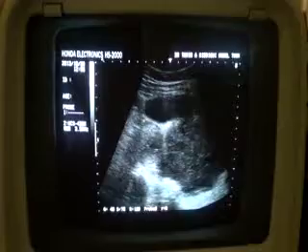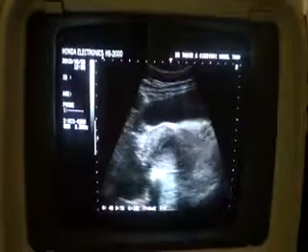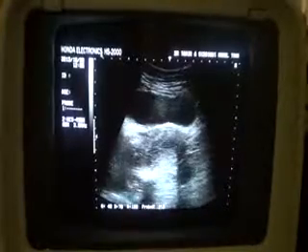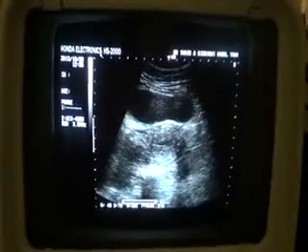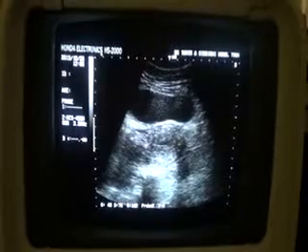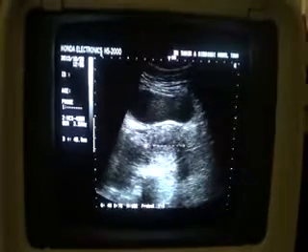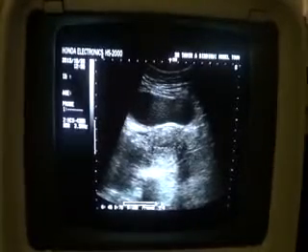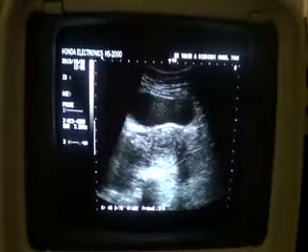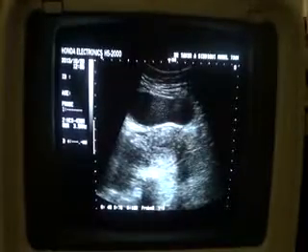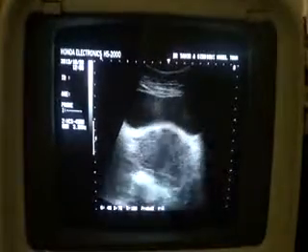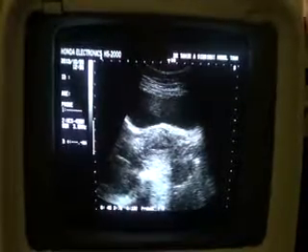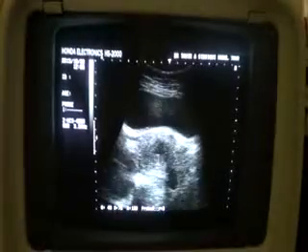Moving further, I am now trying to get the transverse section of the uterus. So this is the transverse section of the uterus. The uterus measures 4.87 centimeters in transverse section. This is the endometrial canal with fluid within it. This is the fluid-filled cavity of the endometrial canal in transverse section.